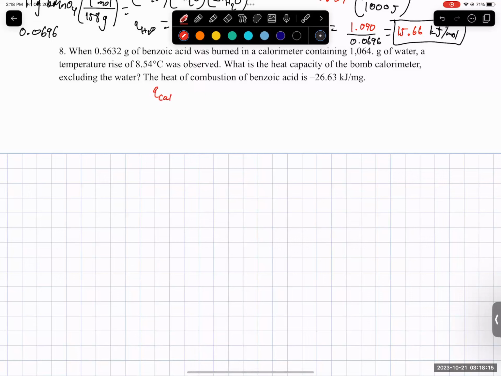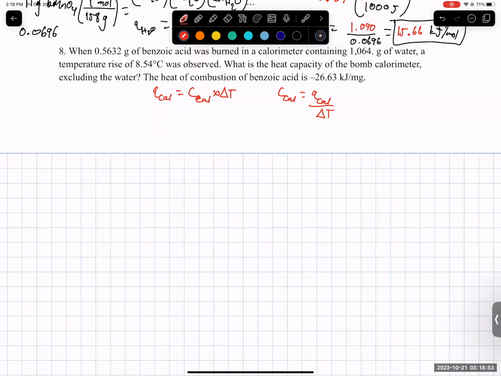So Q cal equals C cal times delta T. Really what we're doing here is solving for C cal, so C cal equals Q cal over delta T. But you have to go a little backwards here. Since this heat of combustion, when we multiply by moles, will give us Q of the reaction, we need to flip the sign, get it into Q of calorimeter, and then divide by the delta T.